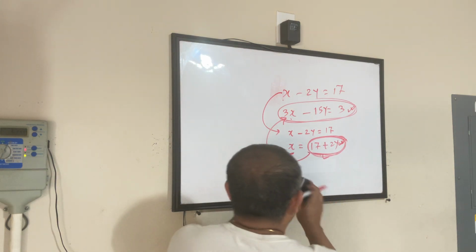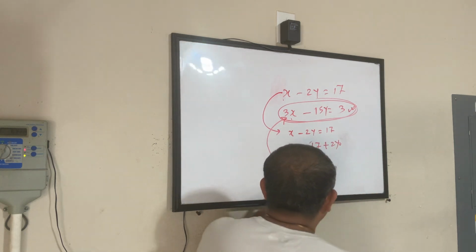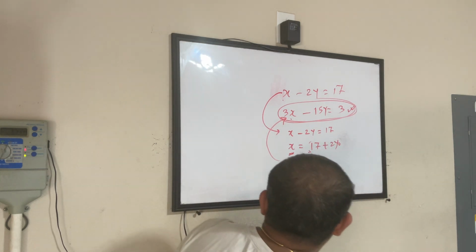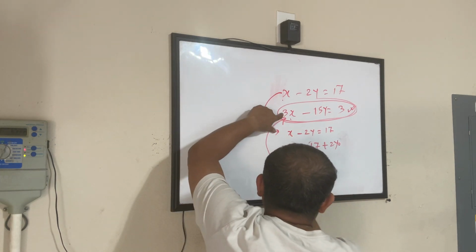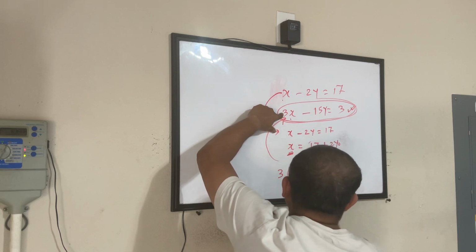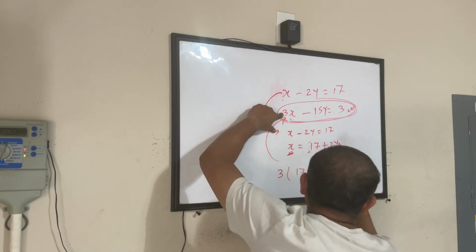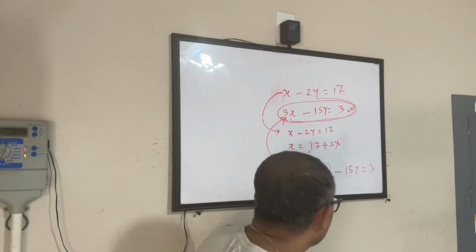Okay, so now I got the value of x in terms of y. What I will do here is take this x and put it here. So 3 times x, where I got the value of x as 17 plus 2y. 3 times x minus 15y equals 3. Now I have only y and some numbers.